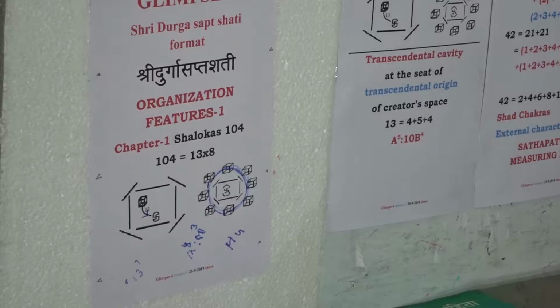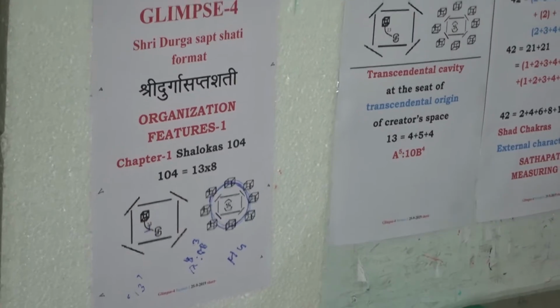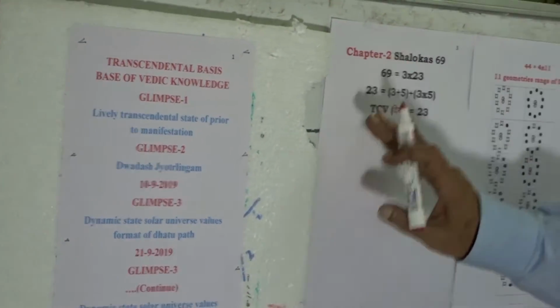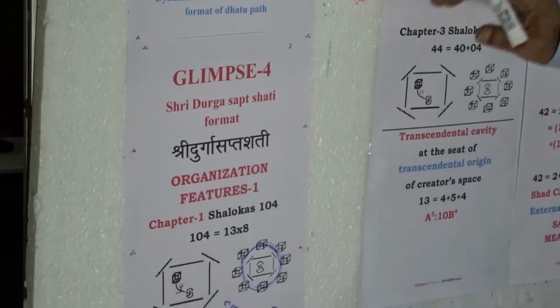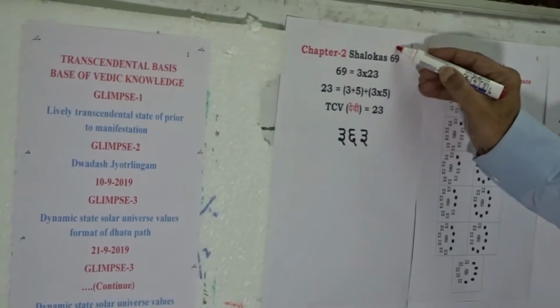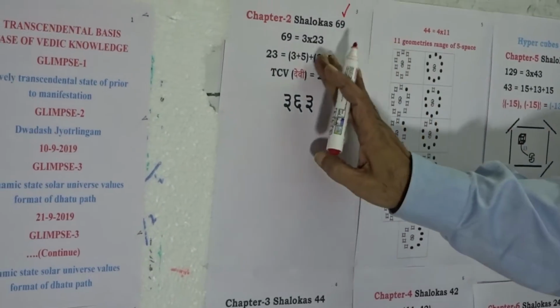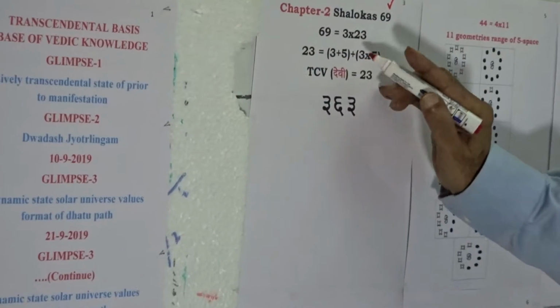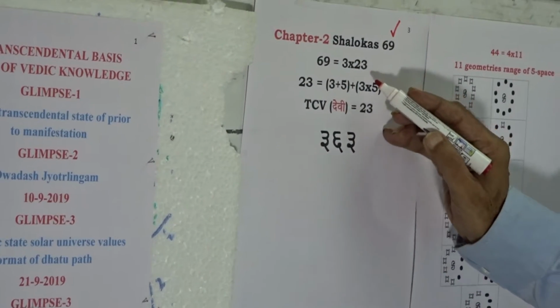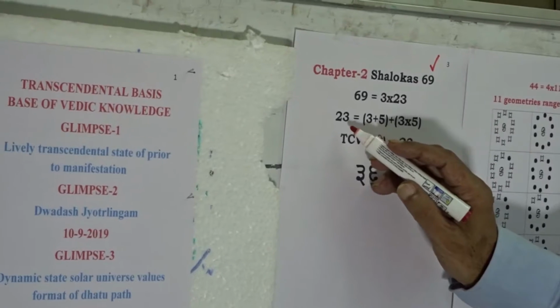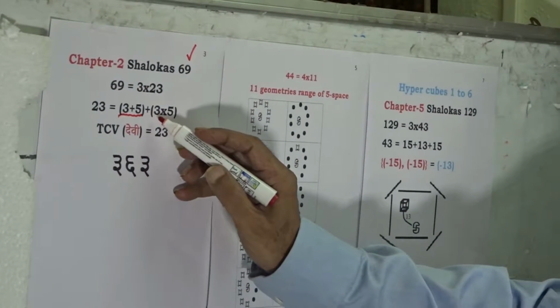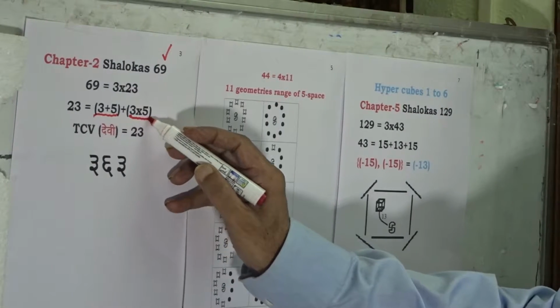A step ahead, chapter 2 of Shri Durga Saptasati is of 69 shlokas range. We know value 69 is equal to 3 into 23. Further, we know that 23 accepts organization 3 plus 5 plus 3 multiplied by 5.